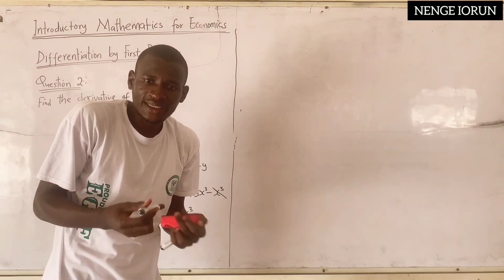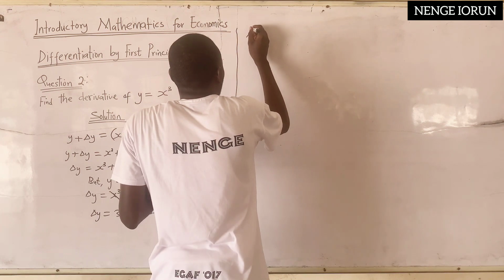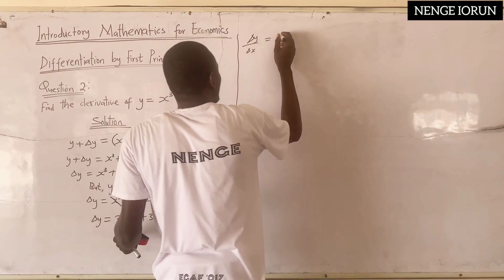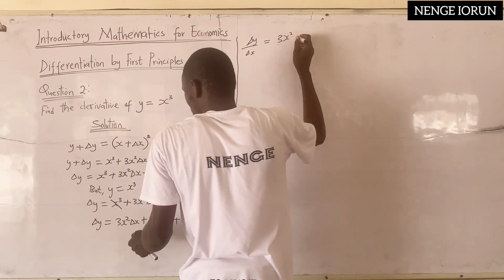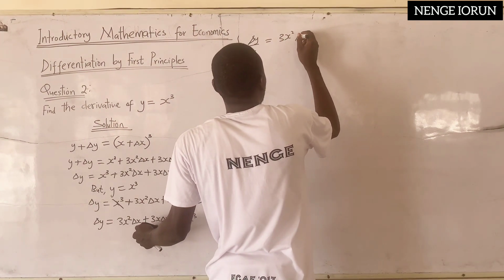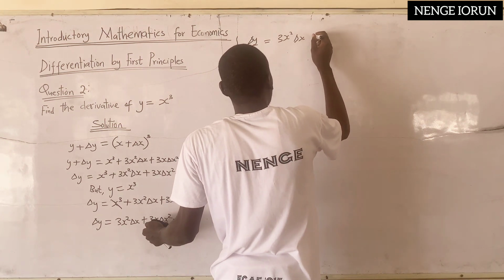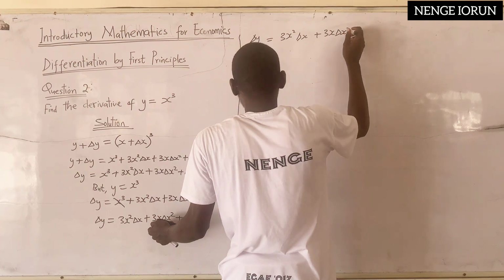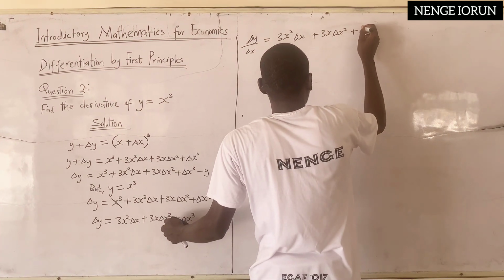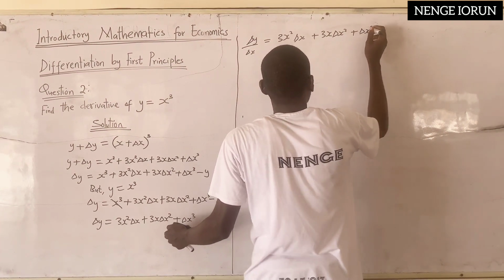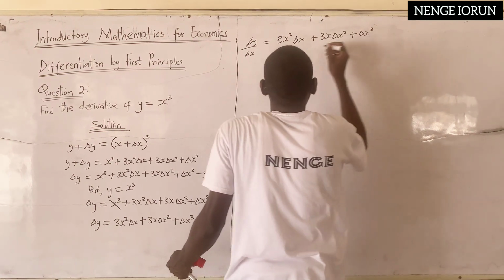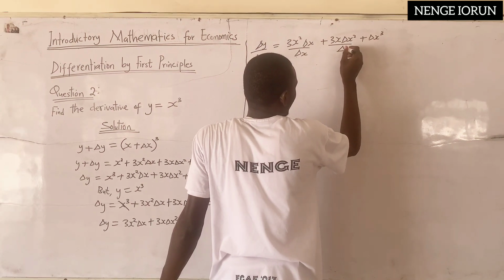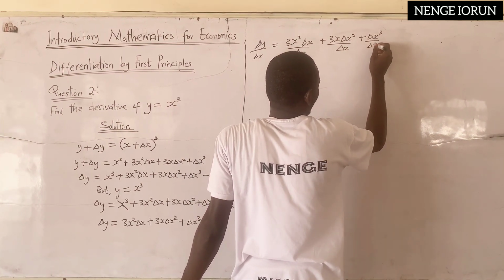So divide both sides by delta x, you have delta y over delta x is equal to 3x squared delta x plus 3x delta x squared plus delta x cubed, divided by delta x.